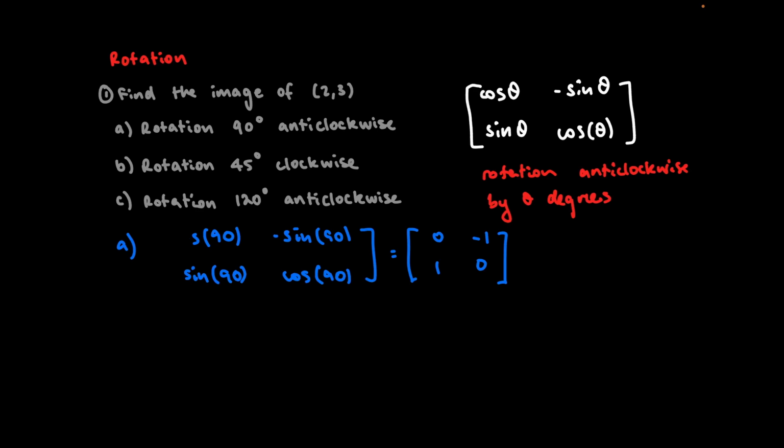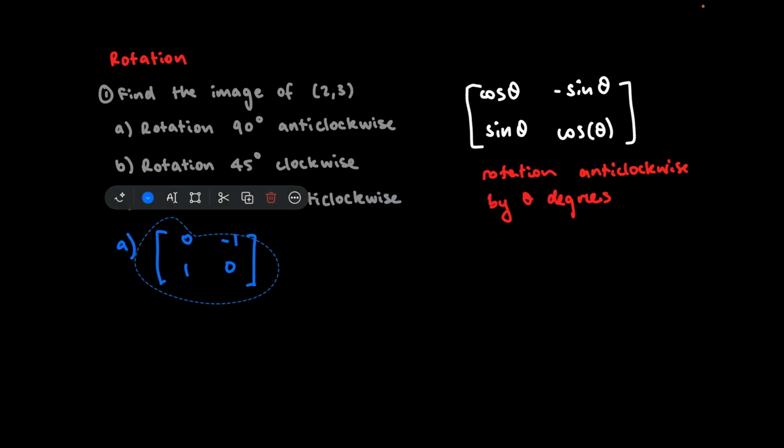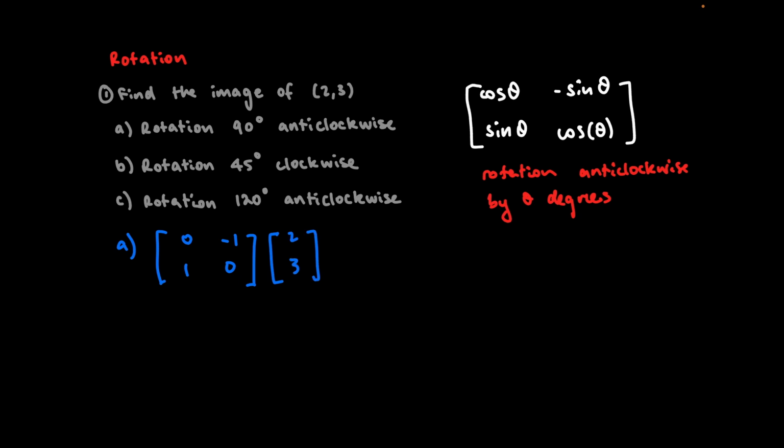So now that we have this, let us multiply our coordinates 2, 3 to work out the image. What we get is 0, -1 times 2, 3. That'll give us -3. And 1, 0 times 2, 3, that'll just give us 2. So this is the coordinate of our image.